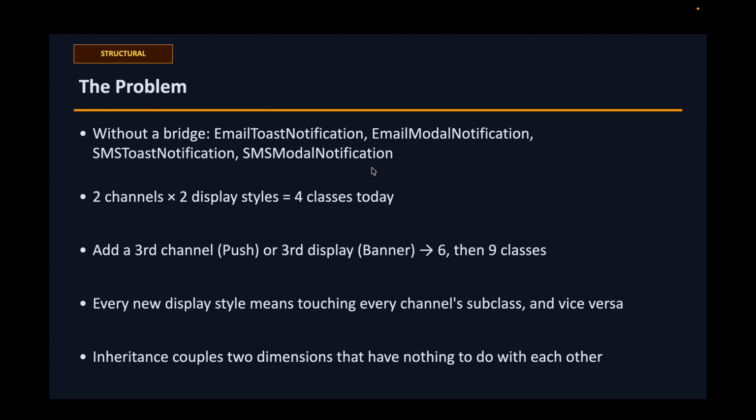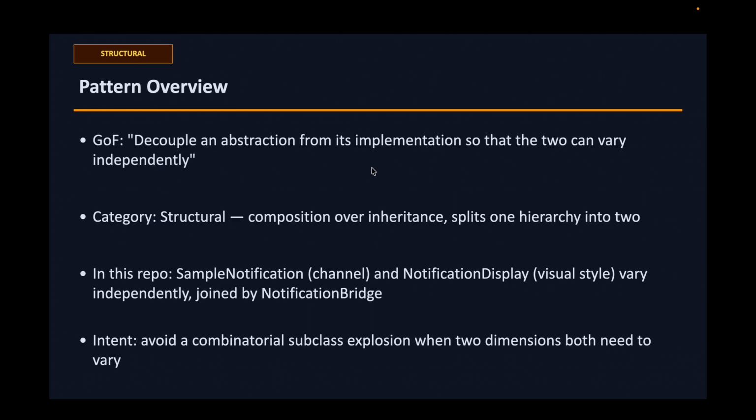These 2 concerns, how to send and how to show, have nothing to do with each other. But if we look at inheritance, it couples them closely together. The bridge pattern is a gang of 4 structural pattern. And the definition is going back to the idea that it decouples an abstraction from its implementation so that the 2 can vary independently.